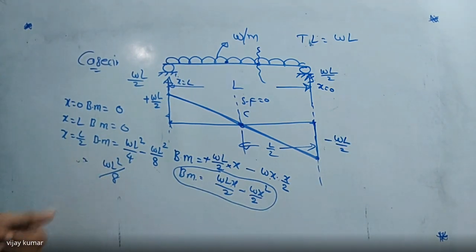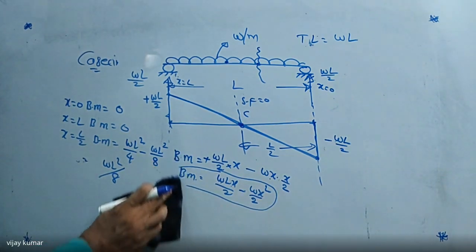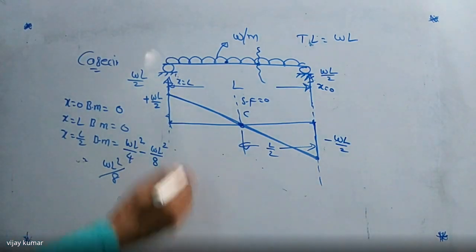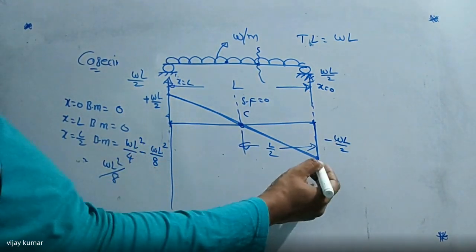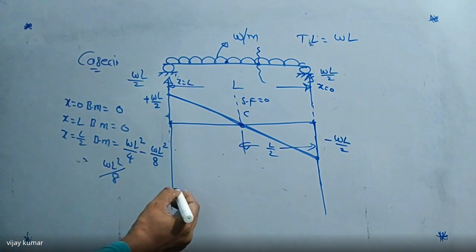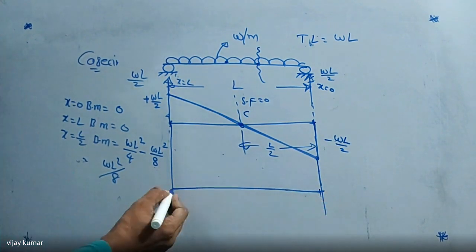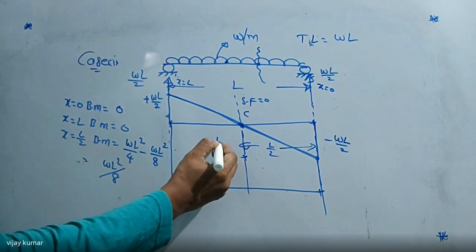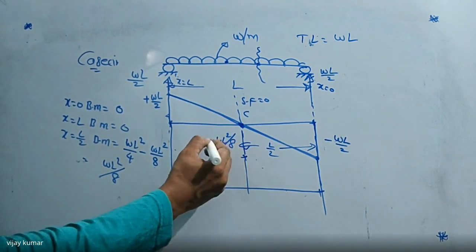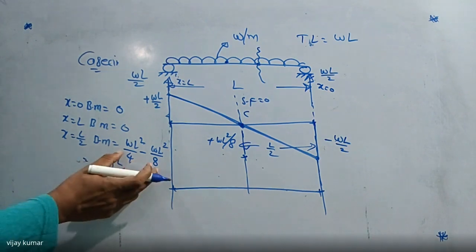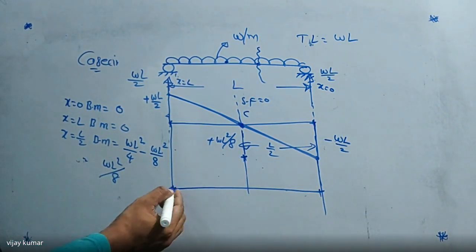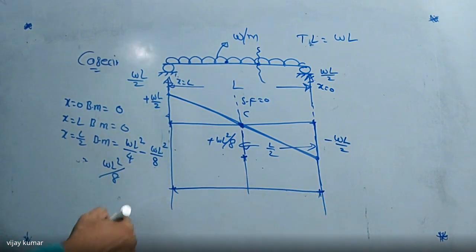So now I'm going to draw the bending moment diagram. The bending moment diagram for UDL is nothing but a parabola. Did you get my point or not? So I'm going to take like this. Here is 0, and at the center it is maximum, that is WL square by 8, positive. I want to join this point, this point and this point using a parabolic form.